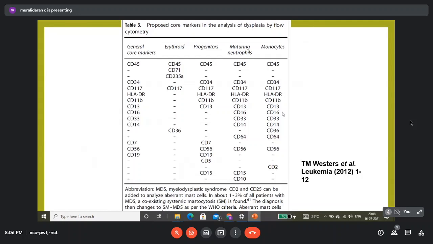Commonly used erythroid markers are CD45, CD71, CD35, CD117, CD36, and in myeloid progenitors we use all the immaturity markers including CD34, CD117, HLA-DR, CD11b, CD13, and apart from that we can use CD7, CD56, CD19, CD5, CD15, and in maturing neutrophils we use the same, and we can also use the monocytic markers that have been described.